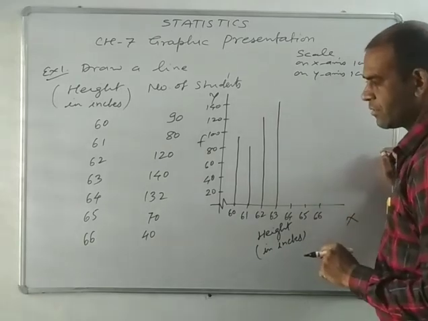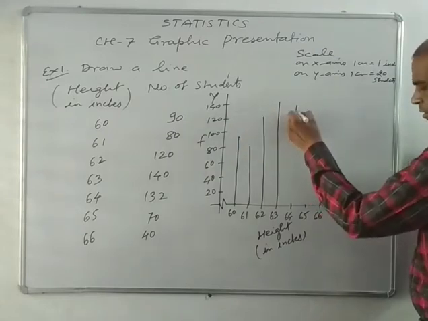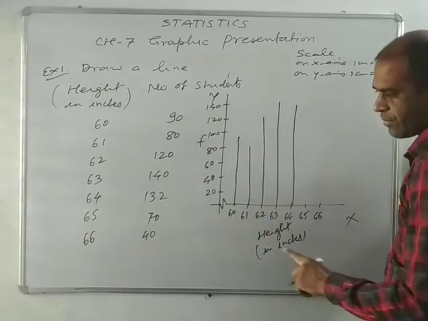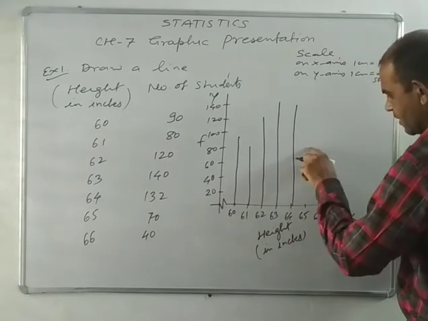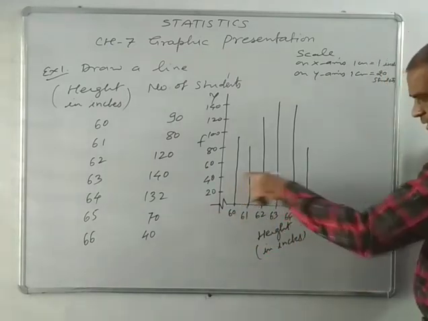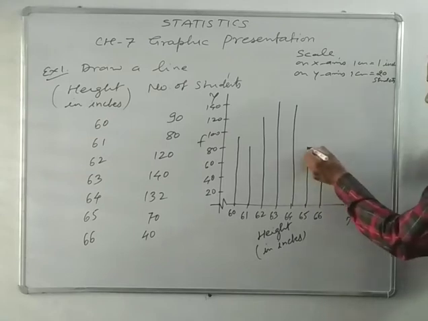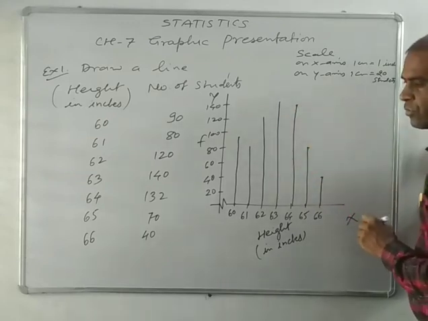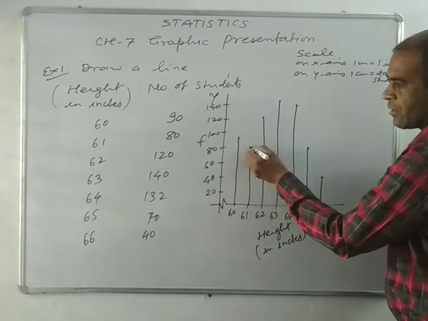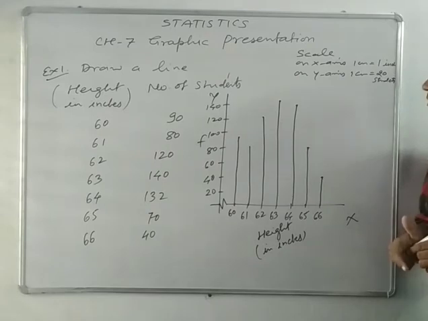Again 64, 132. 65, 70, so between 60 and 70 is this 65. Then on 66, 40. These are 40, 70, 132, 140, 120, 80 and 90. These are the line graph according to their frequency.